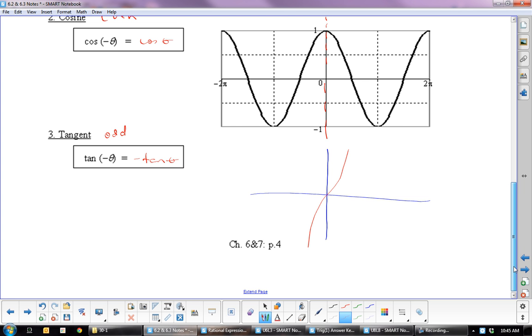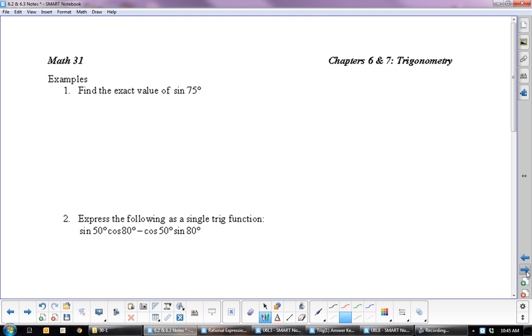Okay, so let's do some 30-1 review, or for some of you, we haven't done these yet, so this will be new, but it's not a difficult concept. How do you find the exact value of sine 75? Okay, 75 is not on your unit circle.